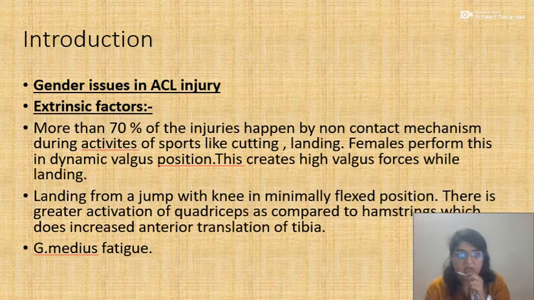And it is said as per research that females have more hip abductor weakness, especially gluteus medius weakness, and when athletes play their game with gluteus medius weakness, they are prone to get more fatigue, hence more prone to getting this ACL injury, because the hip has a direct connection with the knee.